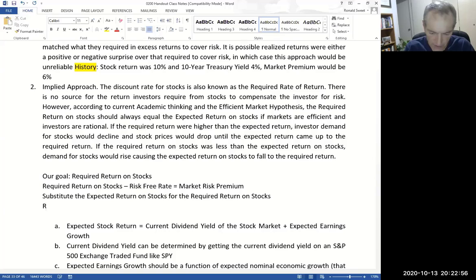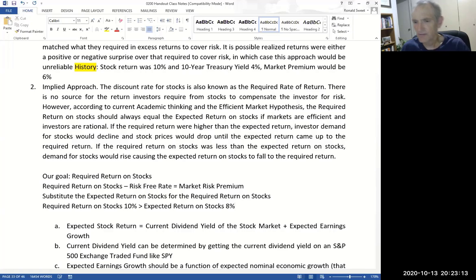Why is that? Well, if the required return on stocks is greater than the expected return on stocks, so let's say investors need a 10% return, but they expect stocks to make 8%, what's going to happen? Well, no one will buy stocks. Everyone's going to sell their stocks. The stock market's going to crash 20 or 30%.